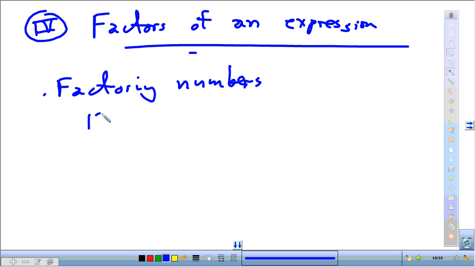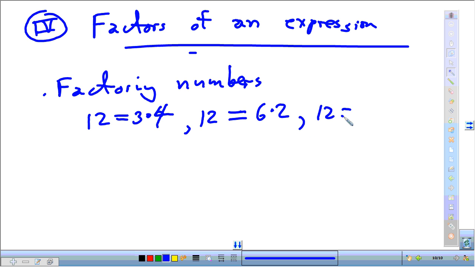A number like 12, we can rewrite in terms of factors, which are 3 and 4. So 3 times 4. But as in many situations, we might have other choices of factoring. 12 could also be written 6 times 2, or 12 times 1.